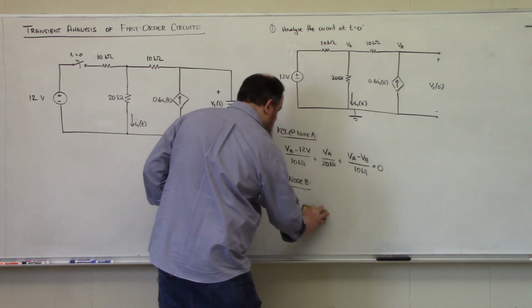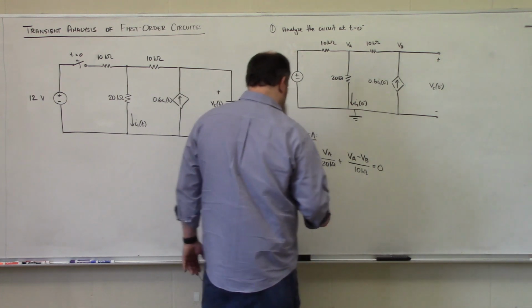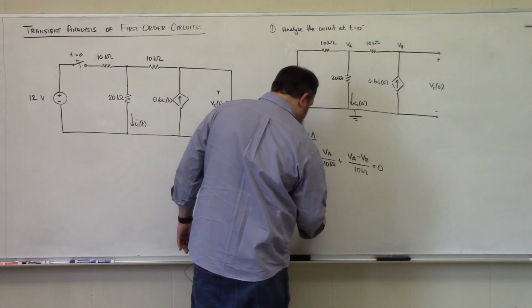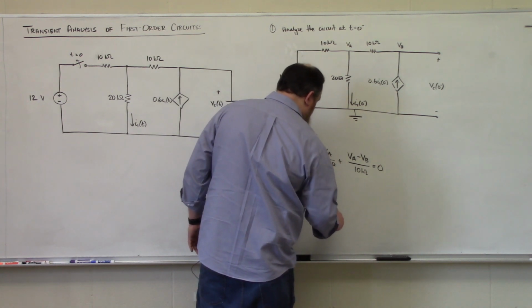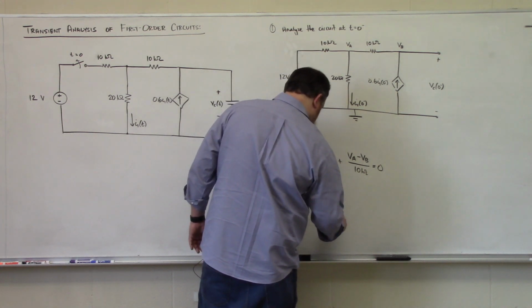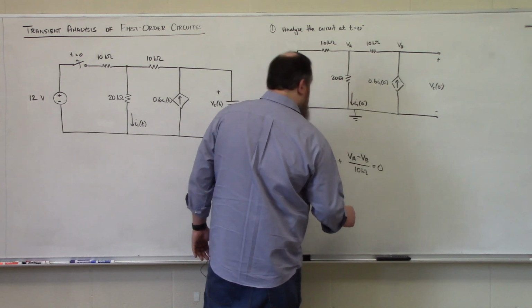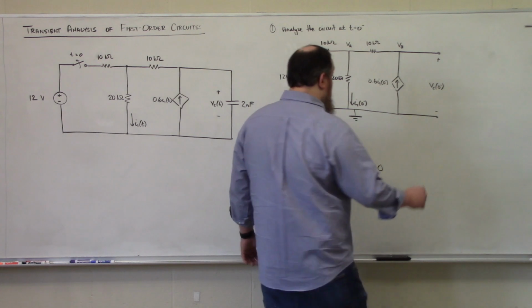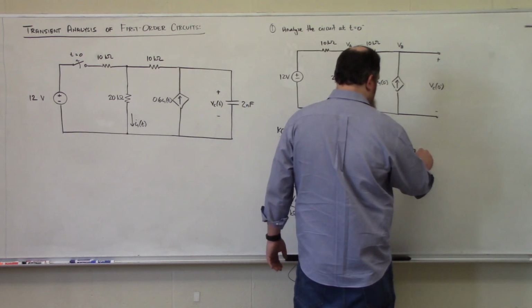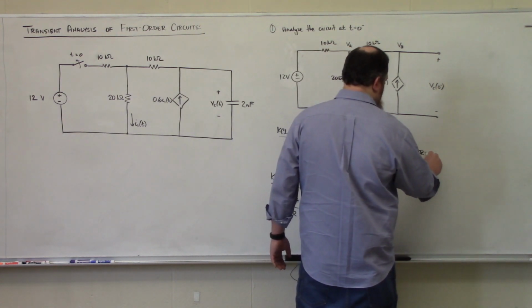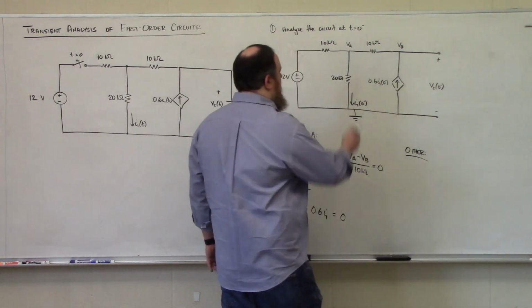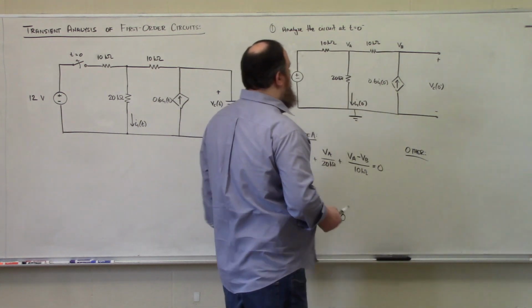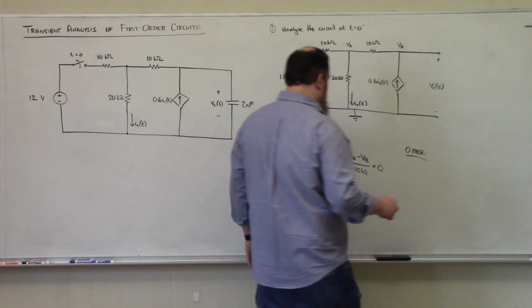Actually, minus, sorry, because the current is flowing in, minus 0.6 I1 is equal to 0. And I can get another equation, where I can say that my current I1 expressed in terms of my nodal voltages is just VA over 20 kilo ohms.